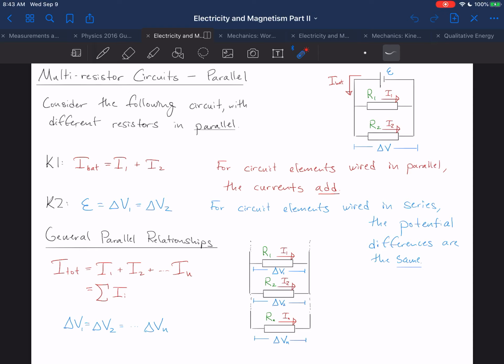As discussed before, this results for the simple parallel circuit in the equation that the EMF is equal to the potential drop across both of these elements, labeled simply as delta V. So for circuit elements wired in parallel, the potential differences across them are the same.